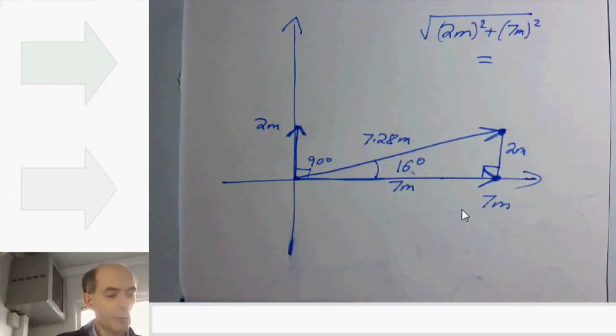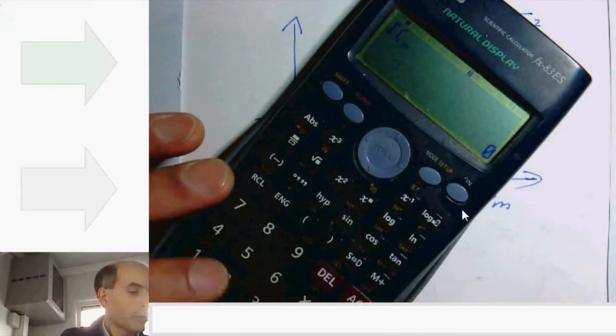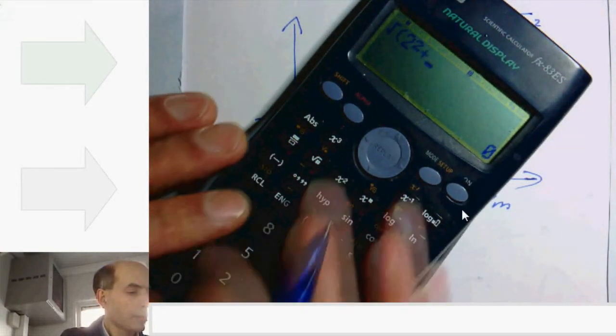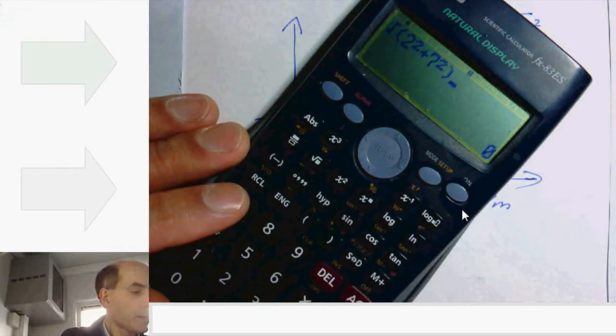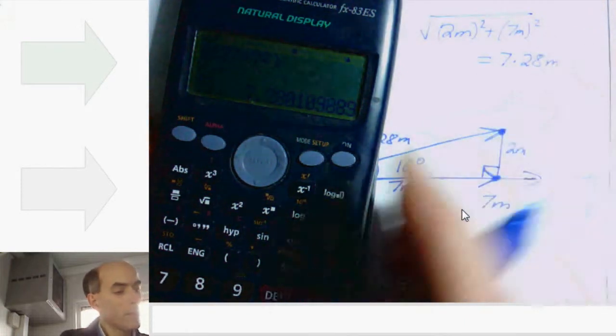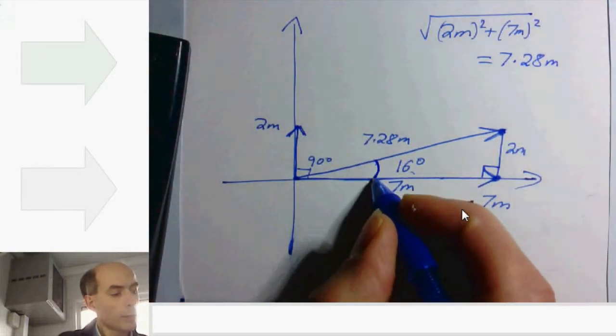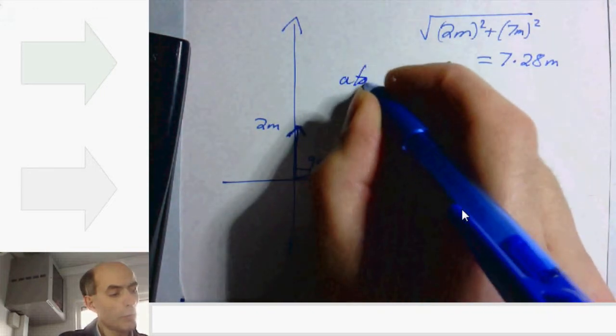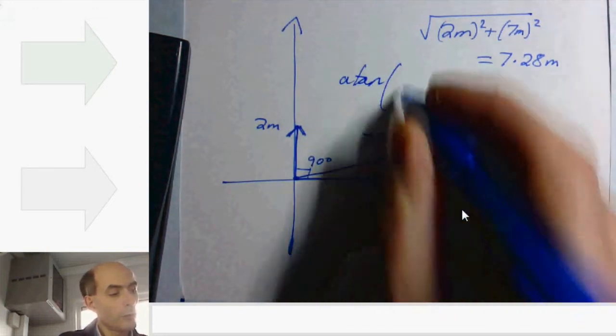Square root of 2 squared plus 7 squared is 7.28, so the result there is 7.28 milli, and the angle here we could work out from the arc tangent of 2 divided by 7.